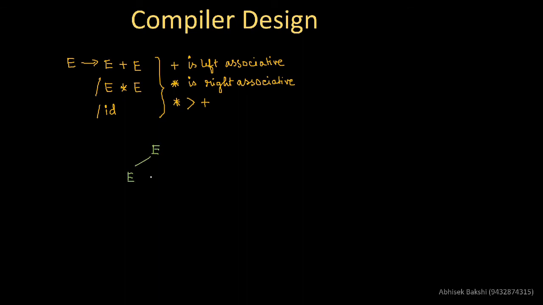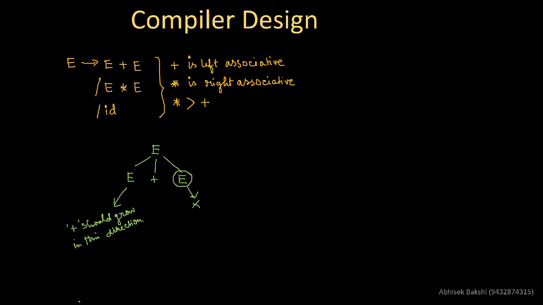I have an E plus E, that's still okay. If I do it this way, since my plus is left associative, that plus should grow in this direction, not in this direction, because plus is left associative. That means I have to restrict this by changing this variable on the right-hand side.